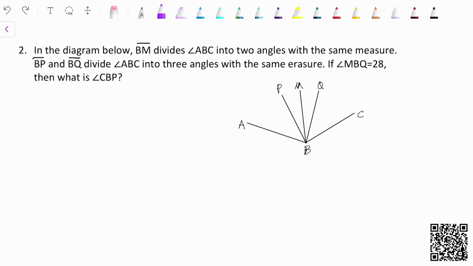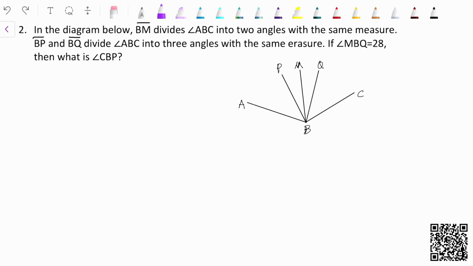Since CBM and ABM are equivalent because BM divides it into 2 angles with the same measure, we can also confirm that since BP and BQ divide ABC into 3 angles with the same measure as well, this is 1 angle with the same measure, this is the second, and this is the third.